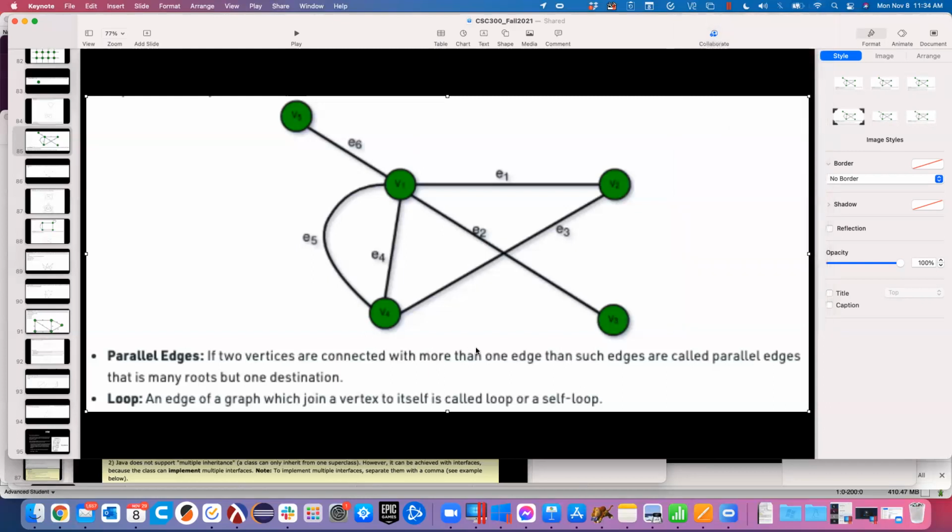Okay, so if two vertices are connected with more than one edge, then such edges are called parallel edges. So, for instance, these two guys here are connected with two separate edges.